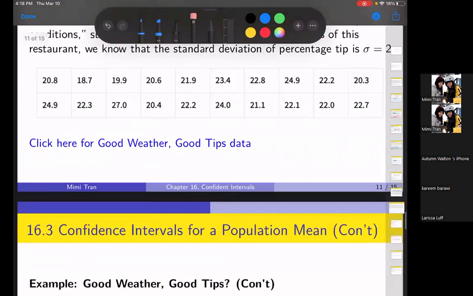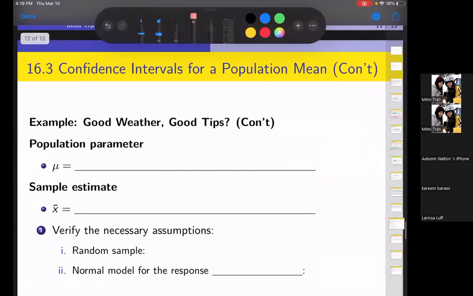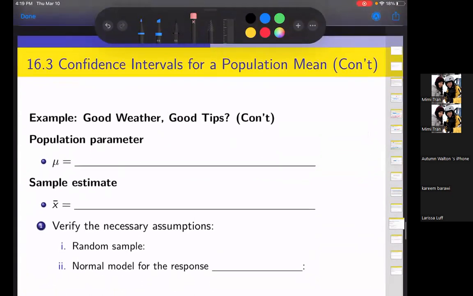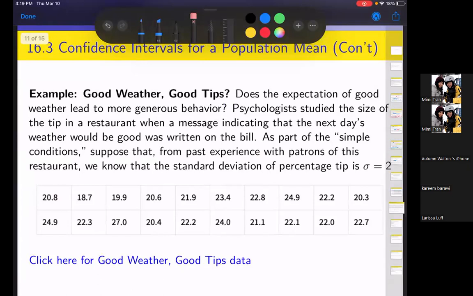Okay, but first, before we actually calculate something, I want you to tell me about the context. What is the population mean here? What is the context of the population mean? Read the problem, you tell me. What does the population mean describe?